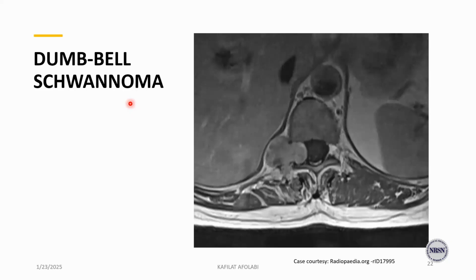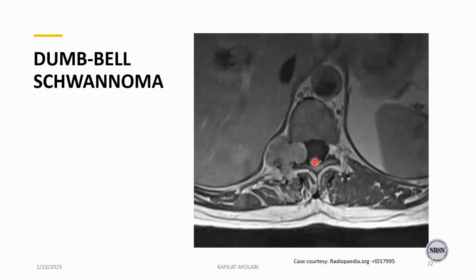Of course, we all know that neurofibromas are associated with neurofibromatosis 1. And so if you have a history of that or other clinical presentations in keeping with that, it will be tilted towards neurofibroma rather than schwannoma. So this dumbbell appearance of schwannoma that is depicted here can also be seen in neurofibroma as well. And this is when an intradural extramedullary lesion extends into the extradural space.